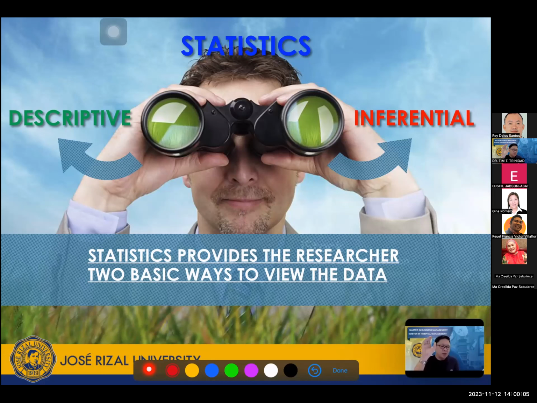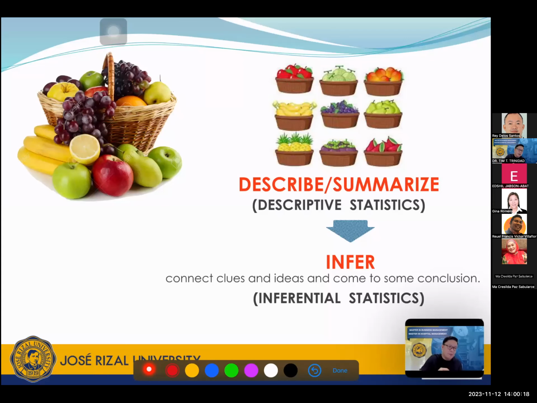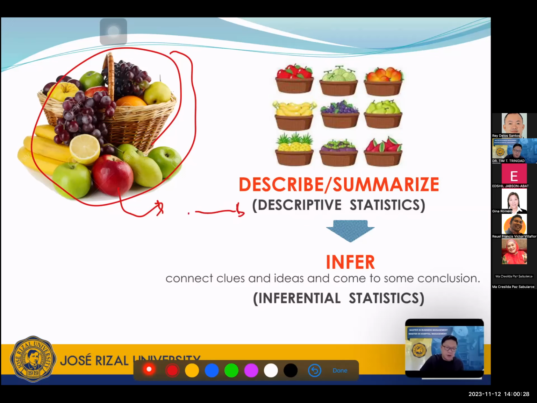In statistics, you can describe your data in 2 ways. You can do descriptive statistics, or you can do inferential statistics, to give at least information about that set of data.